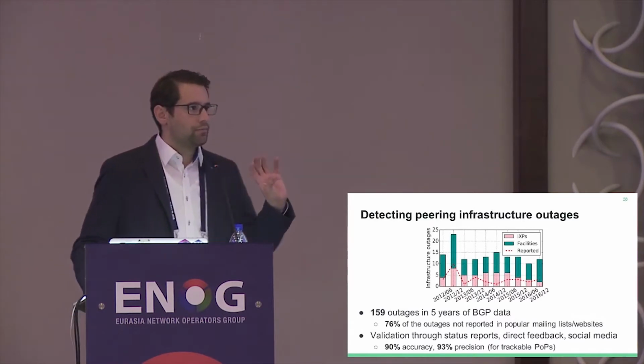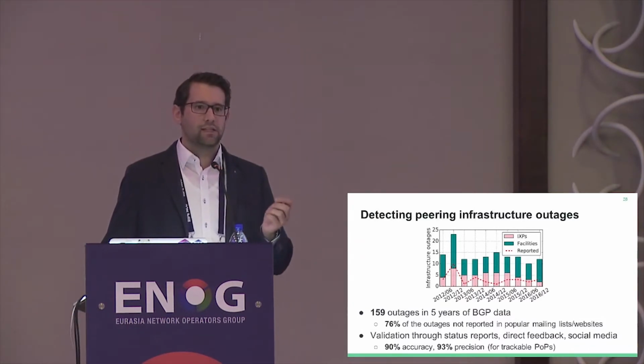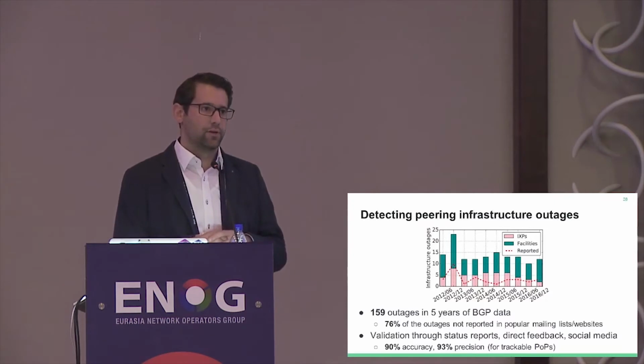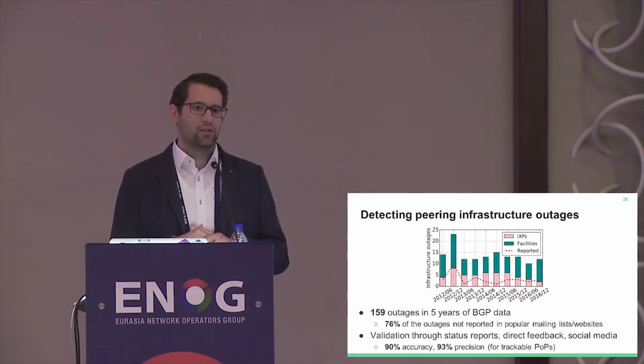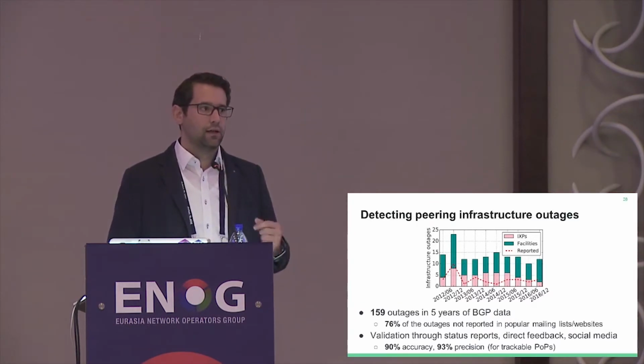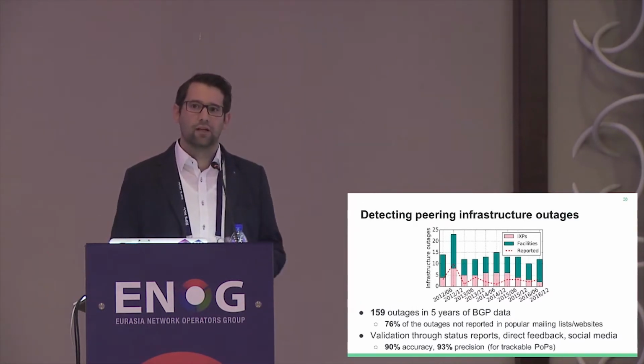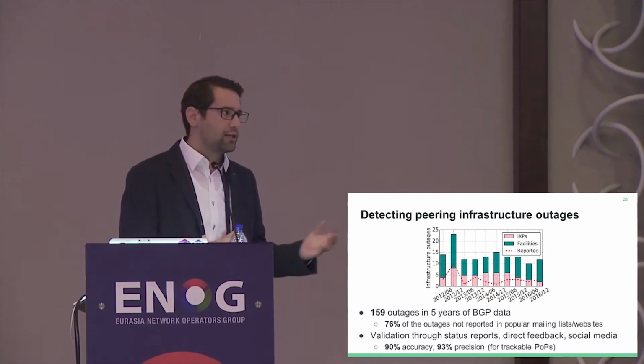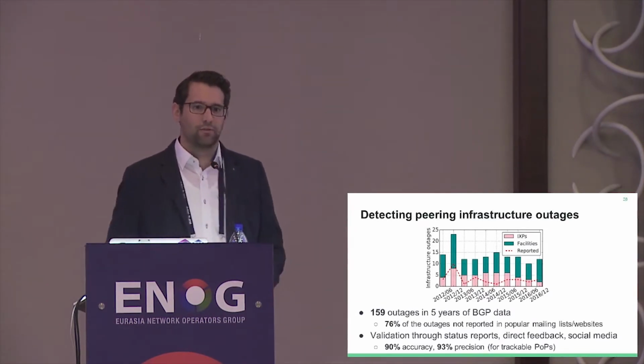Our system does not work perfectly if something breaks really near such an infrastructure. For instance, for a co-location facility, if there is a cable cut right beside the facility, for our system it looks like the facility went down, even though actually it was the cable outside the facility.